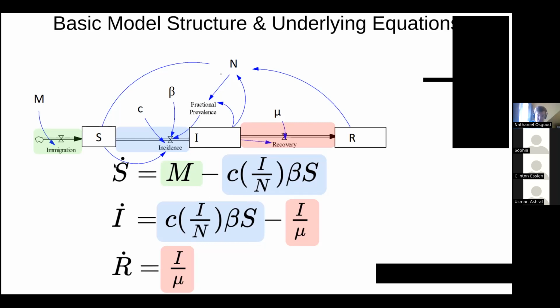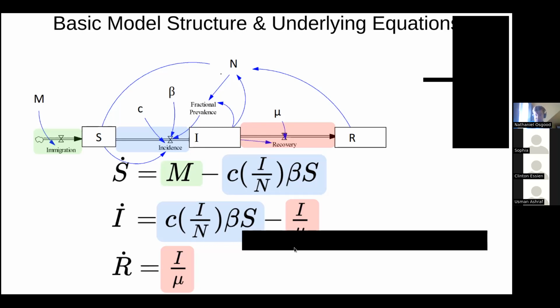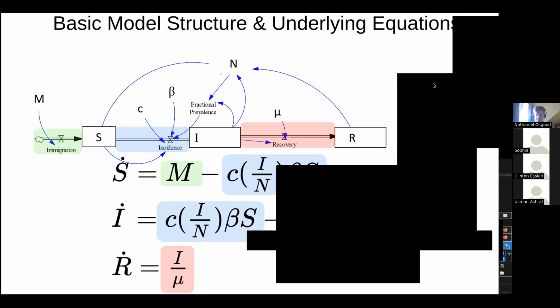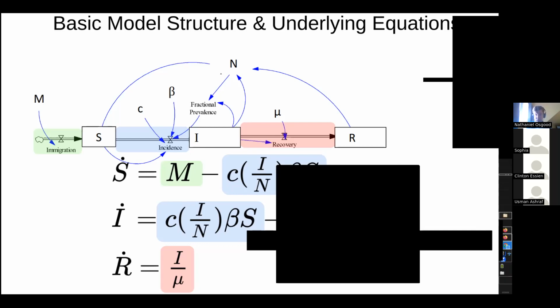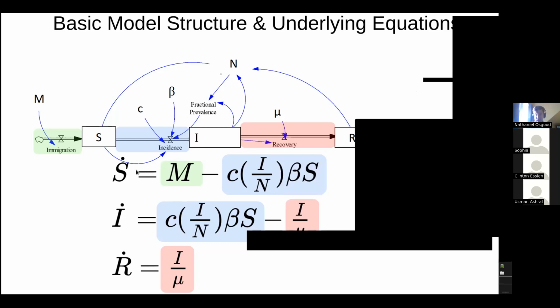And I remind you that S dot means the rate of change of S over time. If the time unit were days, so t was measured in days, what would it mean if S dot is 5?